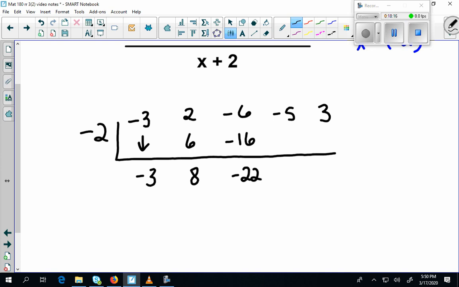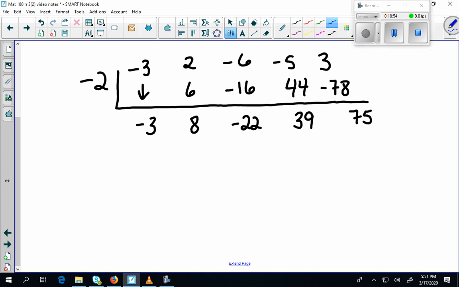Negative 22 times negative 2 is positive 44. And then I want to add negative 5 plus 44 is 39. And then I want to multiply. Negative 2 times 39 is negative 78. 3 plus negative 78 is 75. So that's my remainder.